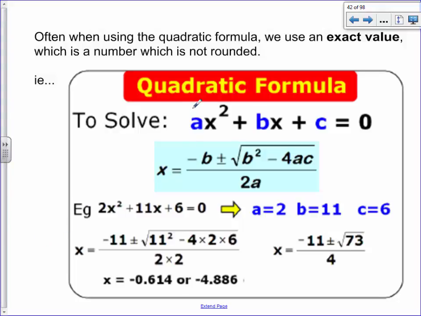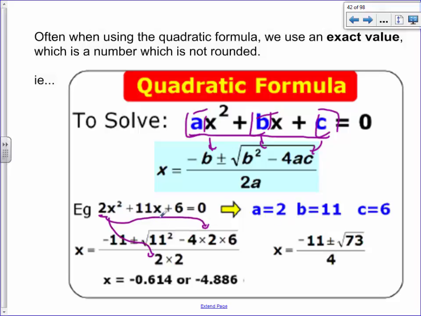Okay. Here's a picture I found on the internet. So here's how your quadratic formula works. One more time. If you can write it in the standard form here, these values right here are what get plugged into the formula in various spots. So for example, 2 goes here and here, 11 goes here and here, and 6 goes there.